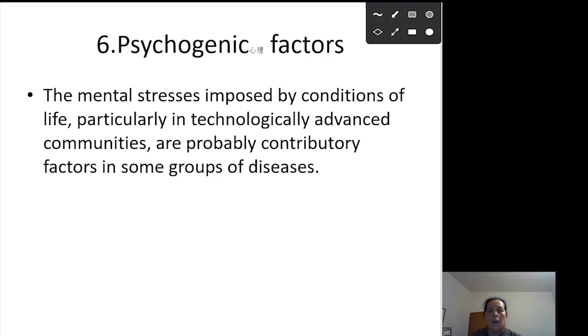Then we talk about mental stress. In recent years it may have caused more problems, like people being depressed or anxious. That truly still belongs to illness.